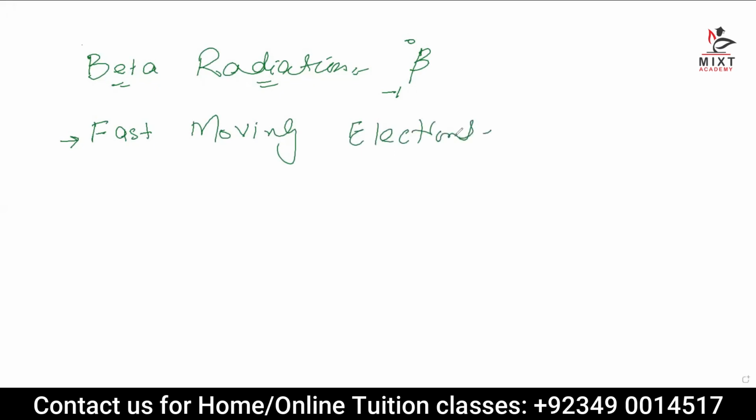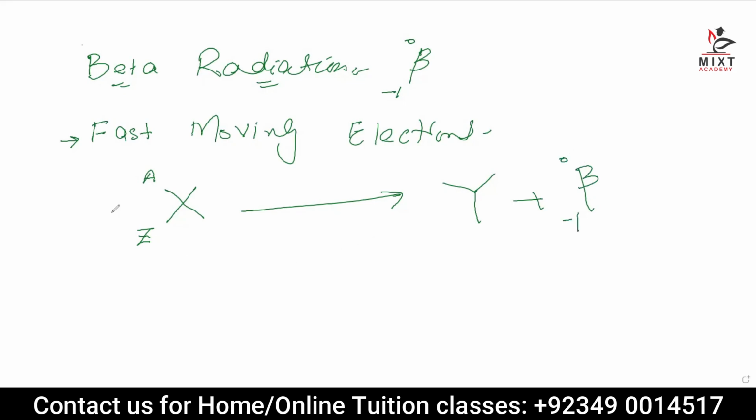There is one difference between an electron and a beta particle: an electron revolves around the nucleus in an orbit, whereas a beta particle is produced by radioactive decay. Now, the first very important thing is the parent nucleus. When a parent nucleus decays, it forms a daughter nucleus by the emission of beta particles.